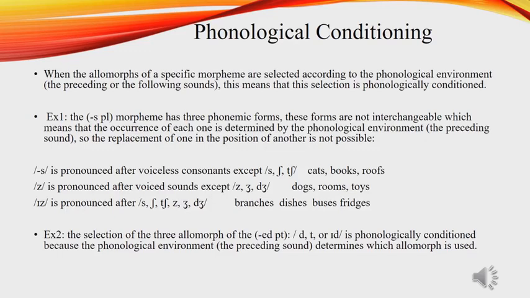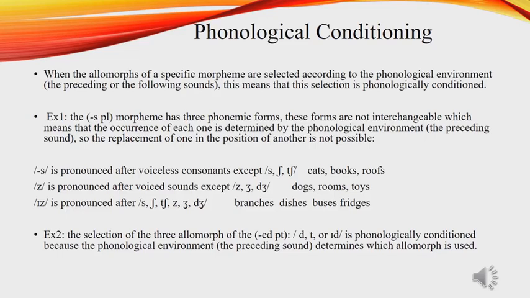So, if the noun ends in voiceless consonants except /s/, /ʃ/, and /tʃ/, the S plural is pronounced as /s/. Cats, books, roofs. Notice that in cats, books, and roofs, each one of these nouns ends in a voiceless consonant, but it is not /s/ or /ʃ/ or /tʃ/.